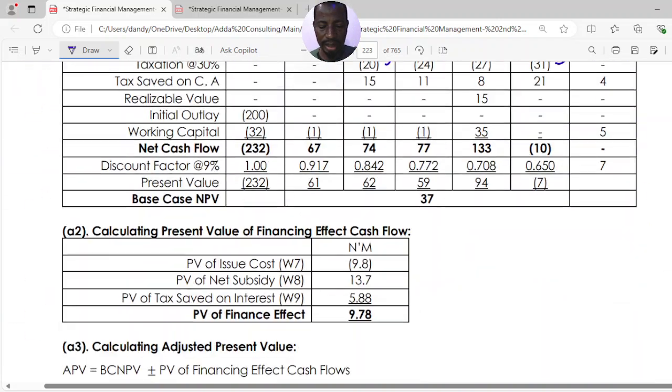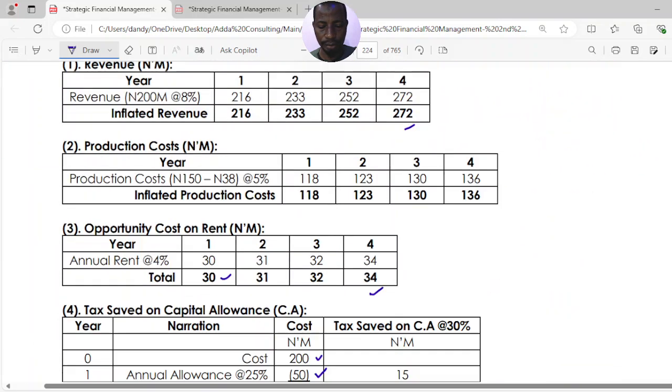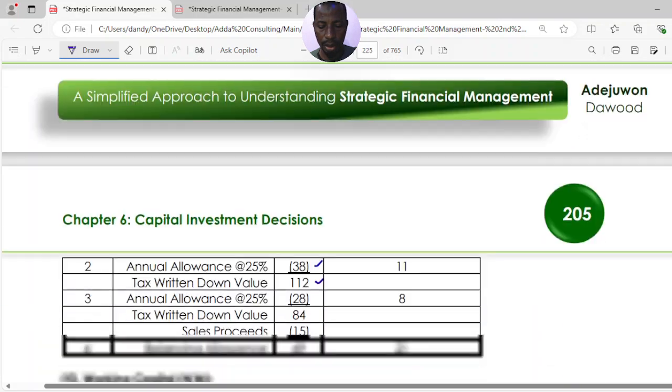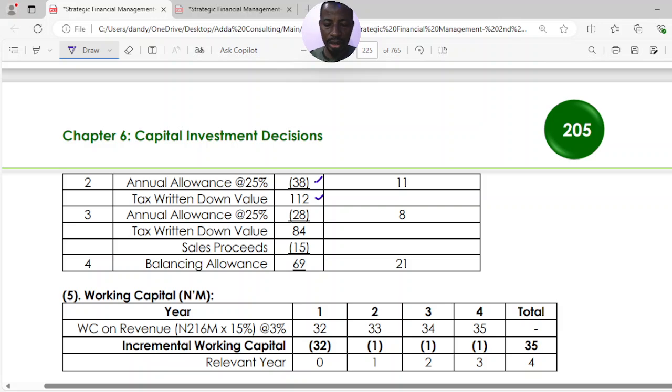So if that is the case, I need to minus. Okay, so 84 minus 15 will give us 69. So since the tax written down value from the preceding year is higher than the sales proceed at disposal, the difference is called balancing allowance.